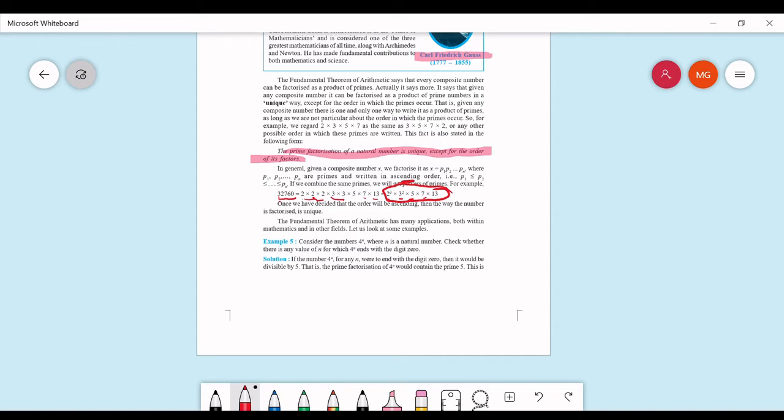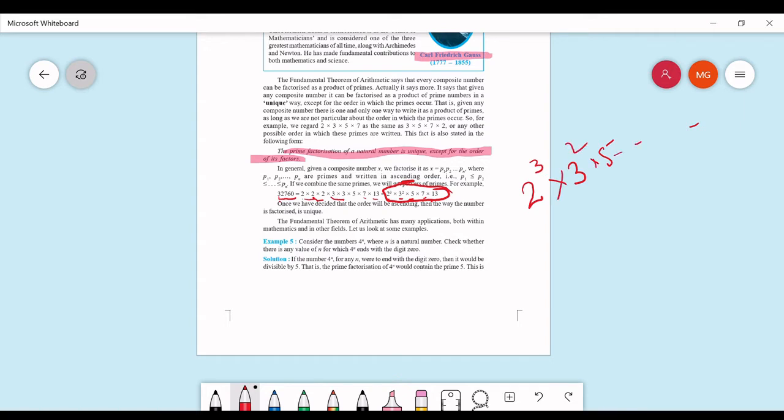As you know, 2 is the smallest prime number, so 2 is written first, then 3, then 5, and you know the sequence. Whatever the power is, you write it there.